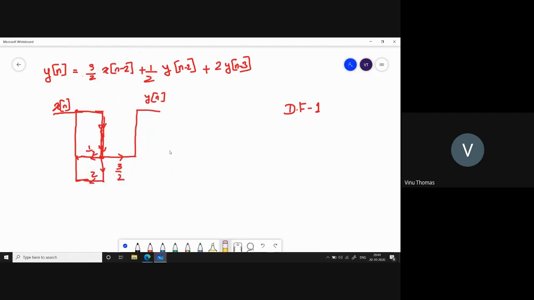So is it understood? This is your direct form 2 structure.